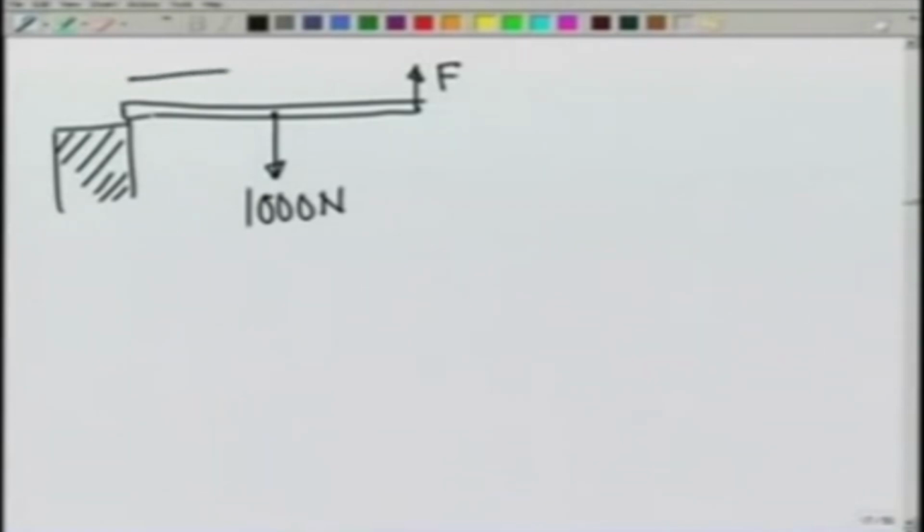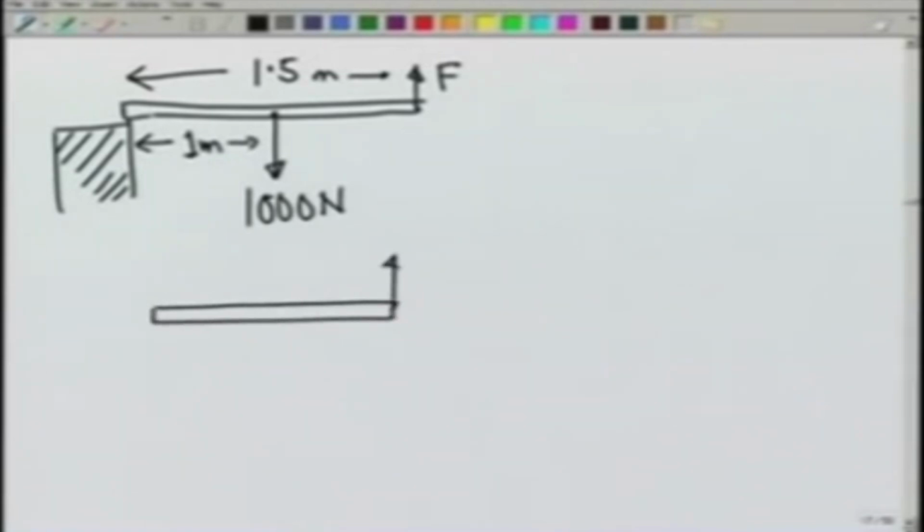Let us say this distance is 1.5 meters and the load is being held at a distance of 1 meter. If I look at the beam, the forces that are being applied on the beam are the force by me, force of 1000 Newton at a distance of 1 meter from the support, and the support would also be applying a force N.